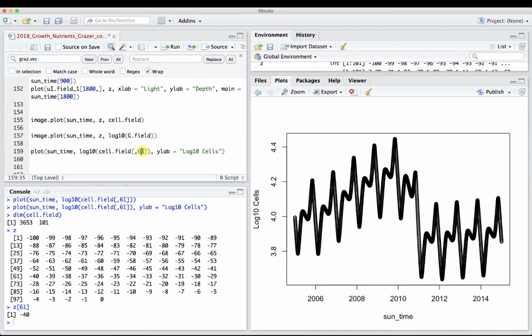All right, let's try something else here. Let's do plot. Actually, we can just copy and paste this. Log 10. Let's do the G field. And let's make the color equal red.